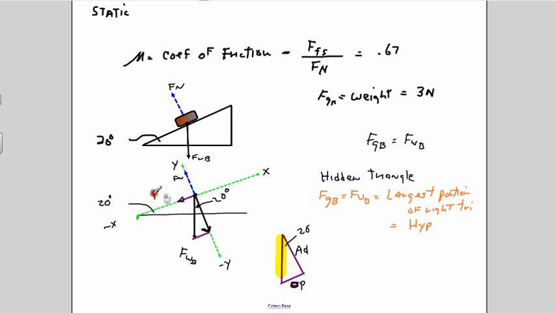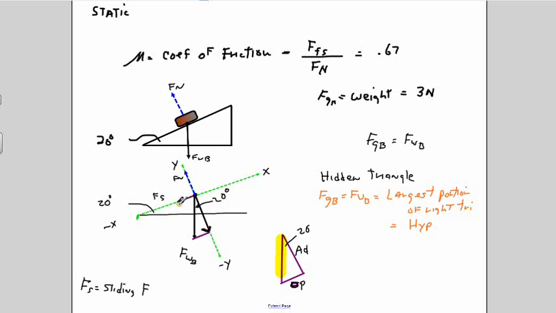We're going to call that the force sliding. Fs equals sliding force. That's how the block wants to go down.